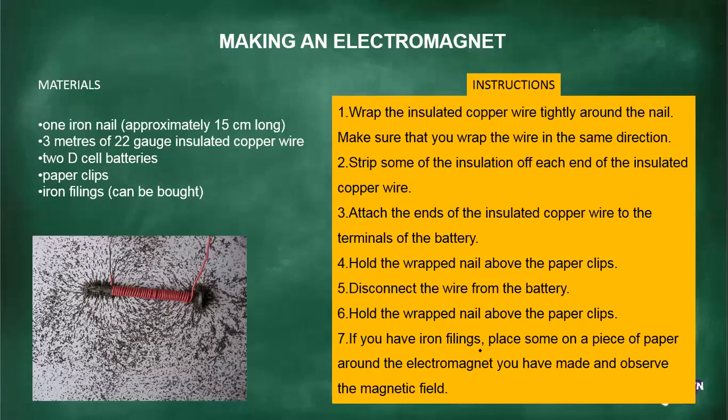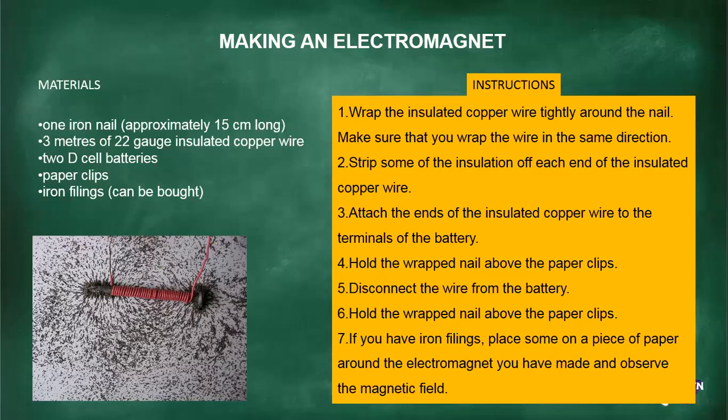And if first you're going to try, then you're going to put your paper clips to make a switch, and then instead of disconnecting the battery, you can make a switch. So when you close the switch, you will have iron filings and place them on the paper. When you close the switch, you'll notice a pattern like this.